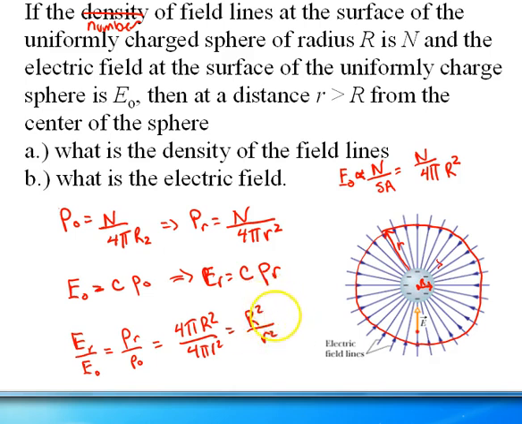So it's relative to the ratios, or we could say that E at R is equal to r squared over R squared times E naught. So that's a good way to find the electric field using our electric field line diagrams. We need to know what the electric field is at one point for a given density. So that's all for this video. We'll work more on using electric fields and electric forces in class.